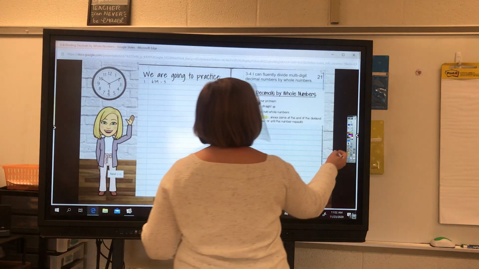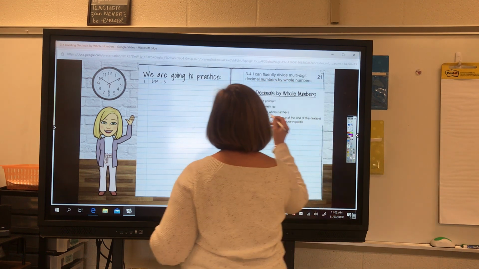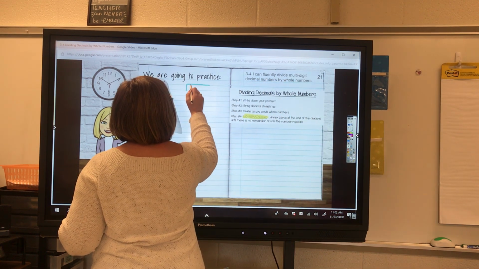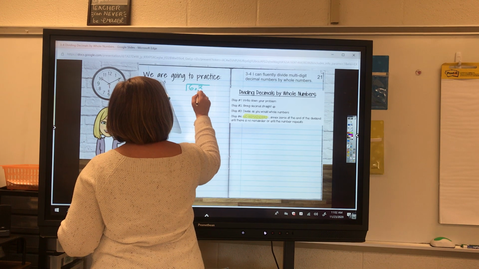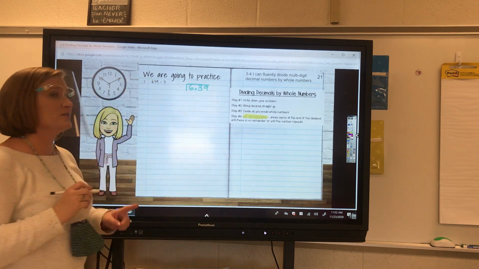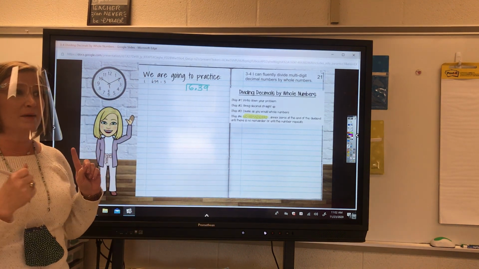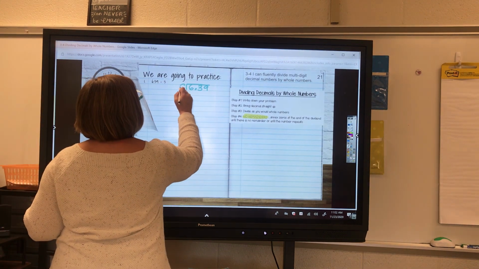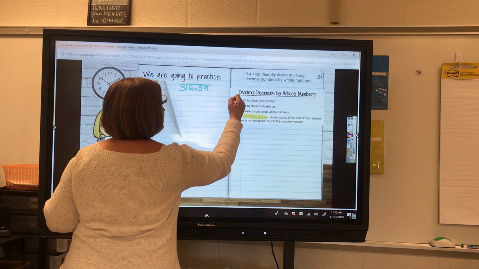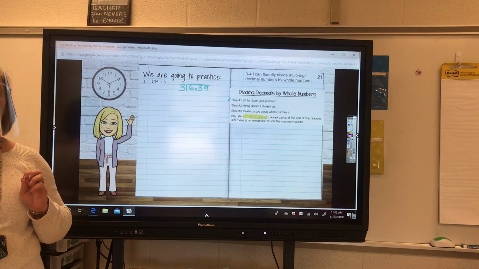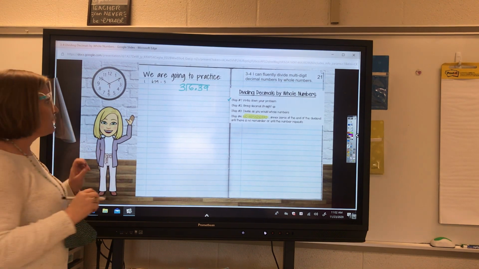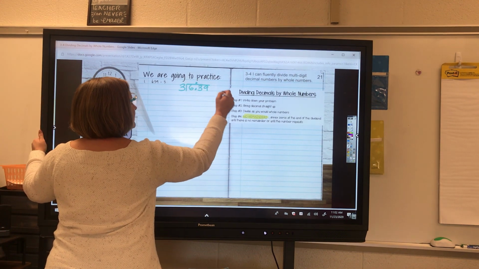What's going to go inside my box? 6 and 39/100. So my dividend is 6 and 39/100. What's my divisor? What goes outside my box? 3. All right, so I've done step 1. Step 2 tells me to what? Bring my decimal straight up, okay?